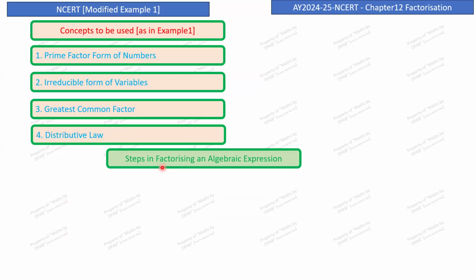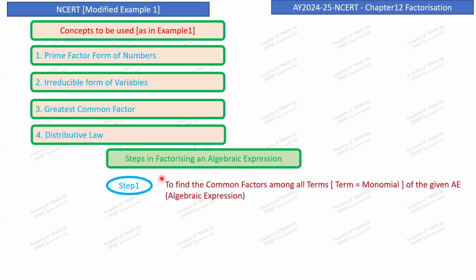Same as earlier in example one, these are the steps we are going to use for factorizing an algebraic expression. Step one is to find the common factors among all terms. Each term is a monomial.